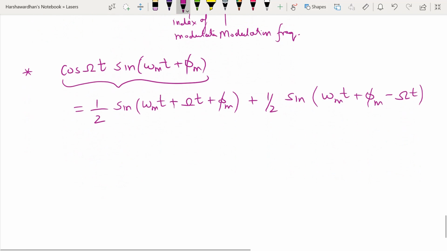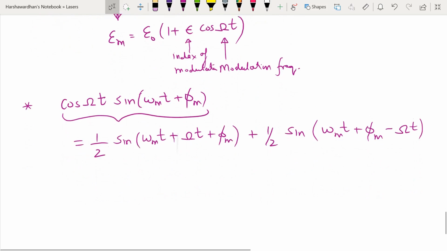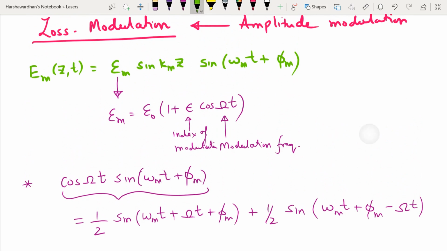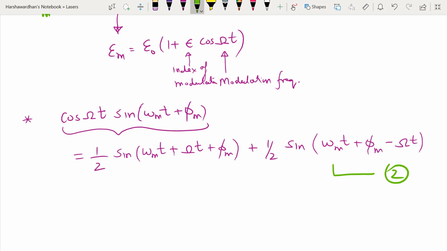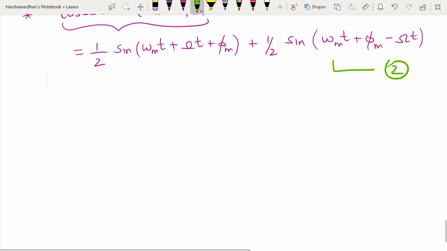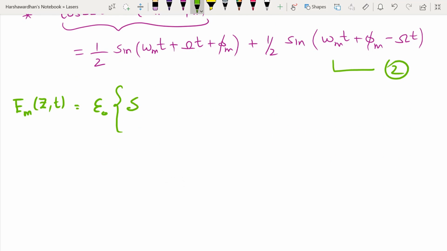So if you look at this, essentially you expand this and put it back into equation number 1, calling this relationship equation number 2, and what I get is my final Em of t, simply E naught. You get three terms. Remember that the modulation is 1 plus epsilon, so there is sine omega m t plus phi m.